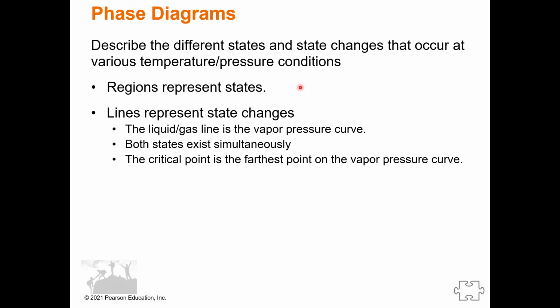So if you take a look at the liquid and gas sections, the line that separates them is called the vapor pressure curve. Now along this curve, both the liquid and the gas states exist in equilibrium. And that's going to be true for every other type of curve in a phase diagram.